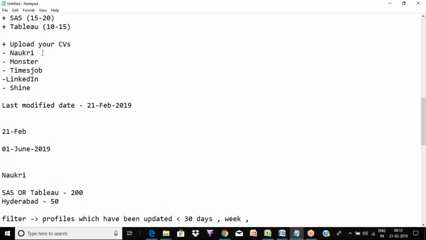You will find that edit option in your profile. You don't have to change anything. Click on the edit and save it, and last modified will change to today's date. You have to do the same trick in each and every site.